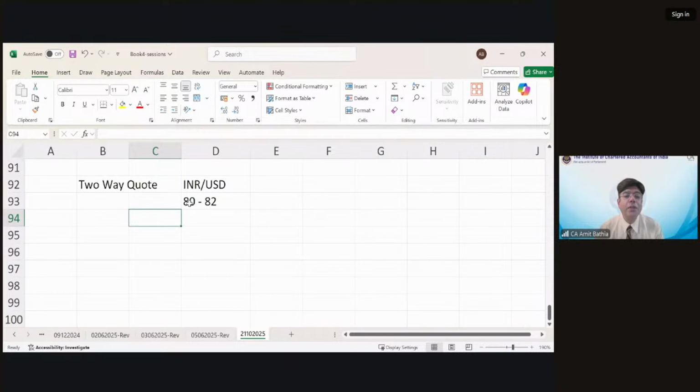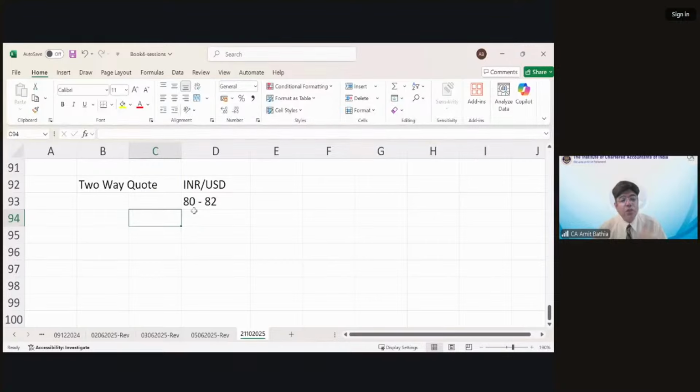This is the price at which your dealer will purchase USD from you and will give you 80 rupees. 82 is the price at which he will sell the dollars to you. So if I, as an ordinary person or a company or an investor, reach out to the forex dealer or a banker and tell them I want to buy USD, they will sell it to me at 82, right?